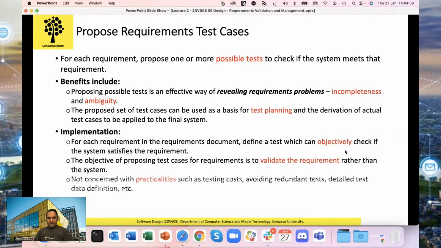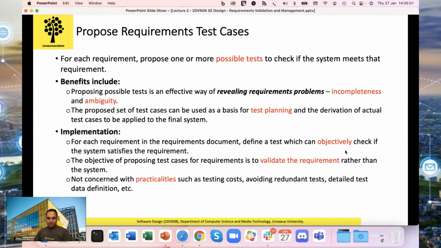How can you write those test cases at this early stage of requirements validation? You can do it by objectively looking at your requirements rather than at a detailed level.